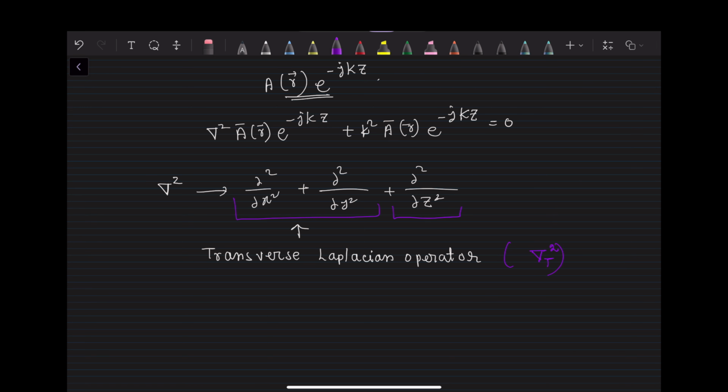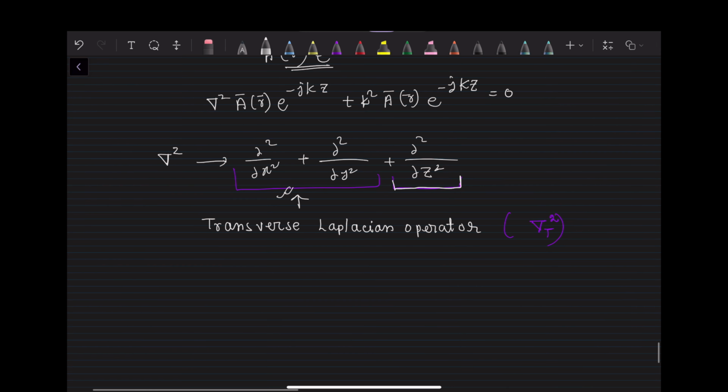Now we will use this because the wave is traveling in the z direction, so the z dependence will operate on that, but a lot of things are not changing as we go in the z direction, so we can actually separate x and y. So let's solve this, then it will be clear. Now we have this transverse Laplacian operator.